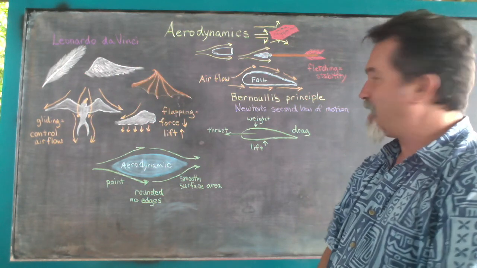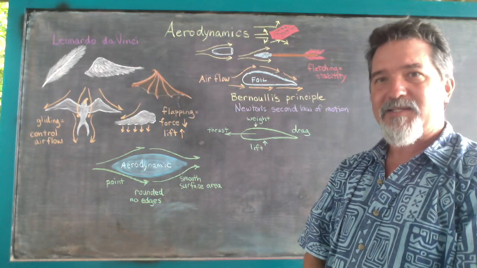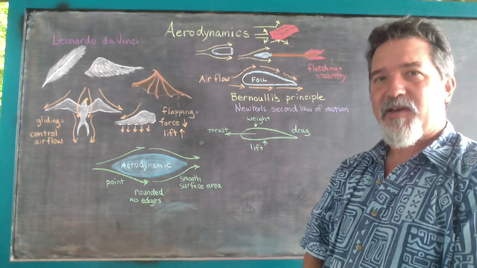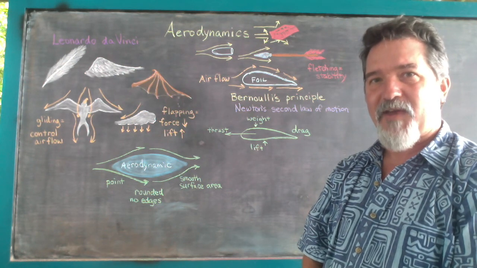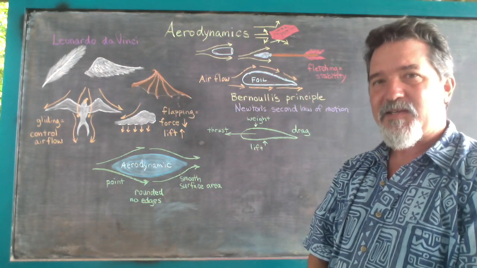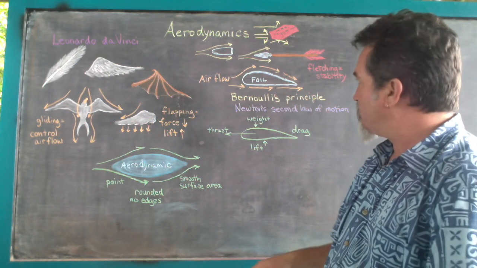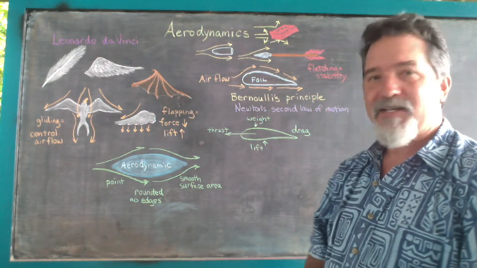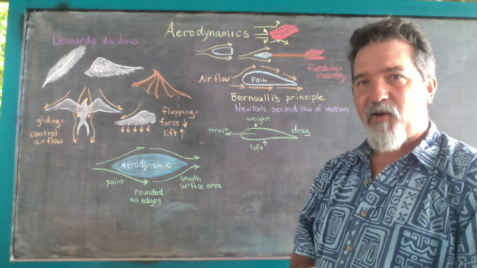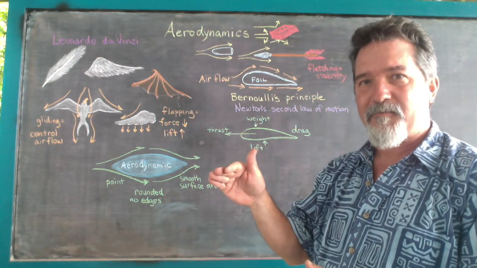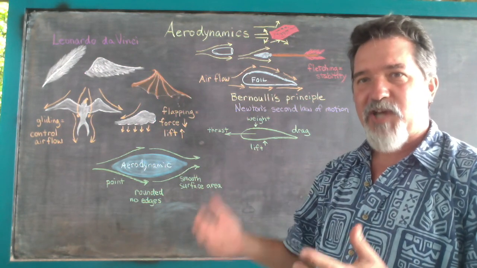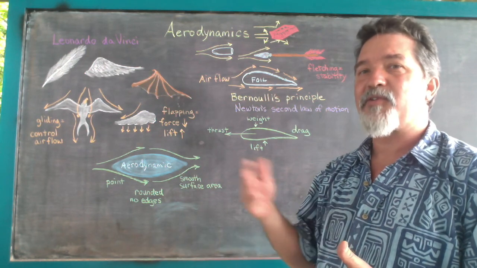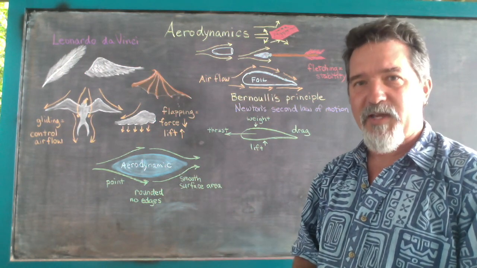Now there was a man named Bernoulli back in the 1600s who came up with a principle that allows us to understand some of the basics of aerodynamics. And the easiest way to understand the aerodynamics of, for example, an airplane is to look at the speed at which air passes the object and how the object is shaped in order to allow some air to pass more quickly and some air to move over the object more slowly.